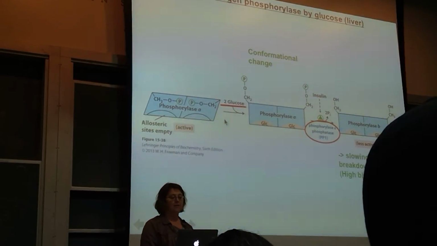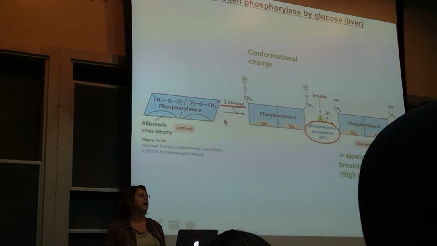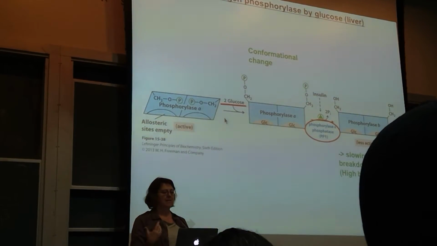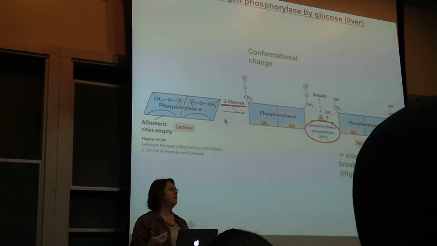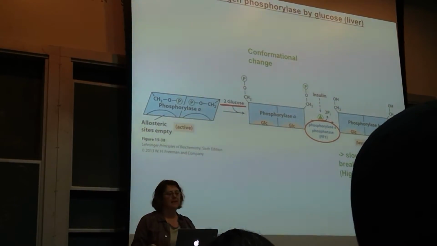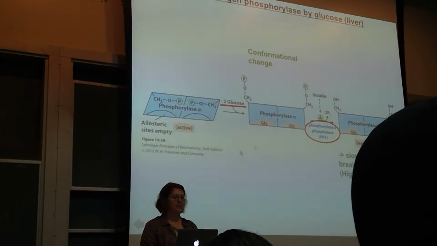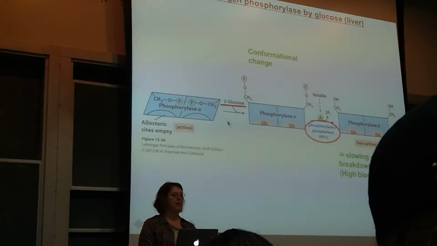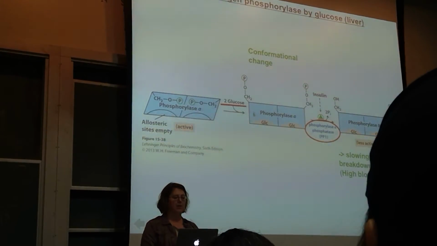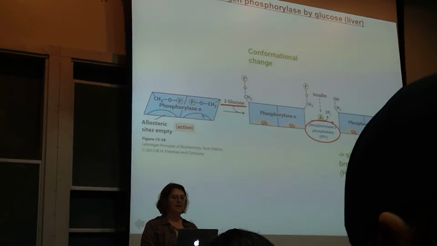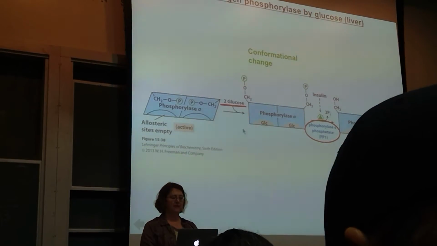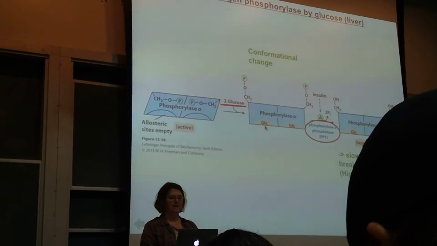So let's say that somehow you quickly ended up with more glucose in the blood, in the liver. It could be from eating something, or whatever, that you suddenly had more glucose. Then this can rapidly respond to that change through allosteric binding.